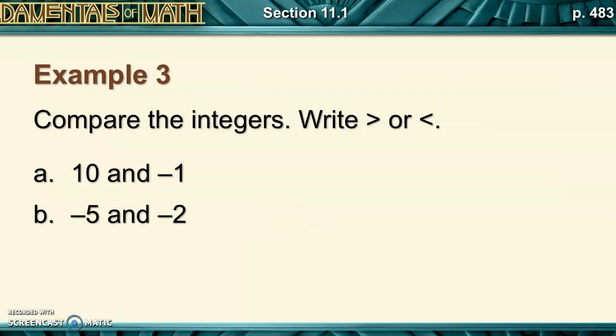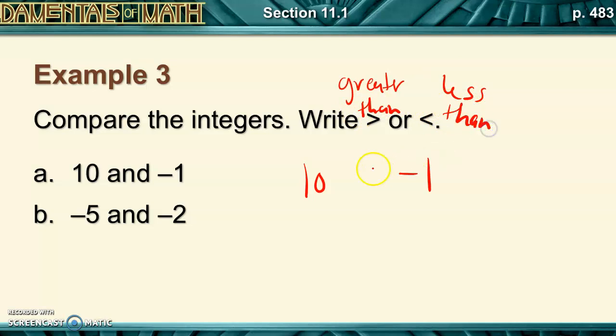Cool? Let's go ahead and compare integers. We are comparing two values right now, 10 and -1. Which is larger, 10 or -1? And we're going to write either greater than or less than. All right, well, 10 is greater than -1.